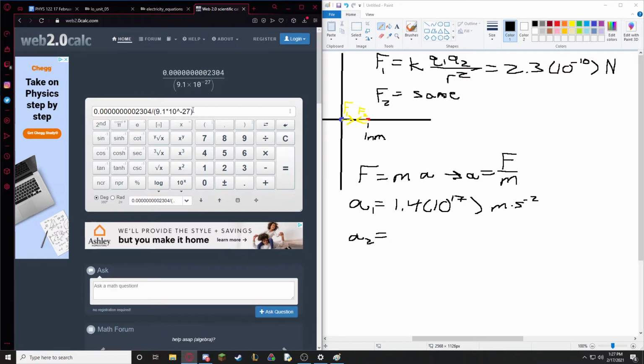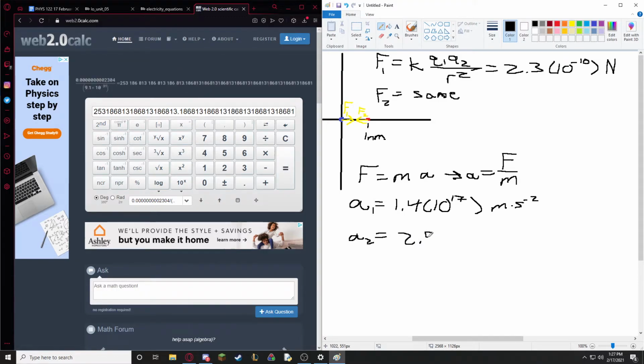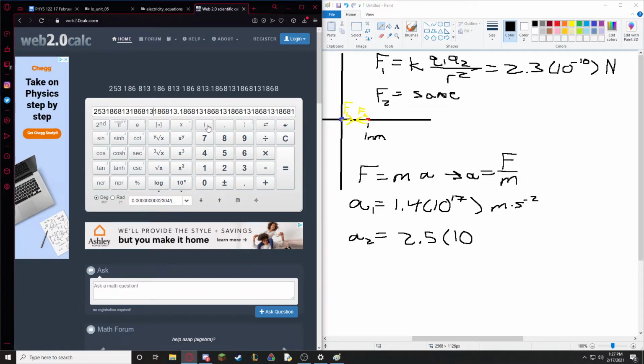Yep, about 9.1 times 10 to the minus 31. So we get an acceleration of about 2.5 times 10 to the, I'm going to assume it's 20. Let me just double check. 10 to the 20. Once again, meters per second squared. Massive accelerations here.